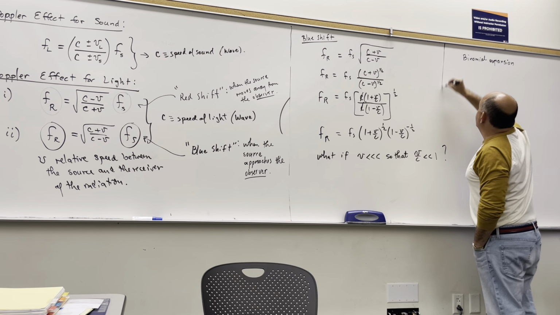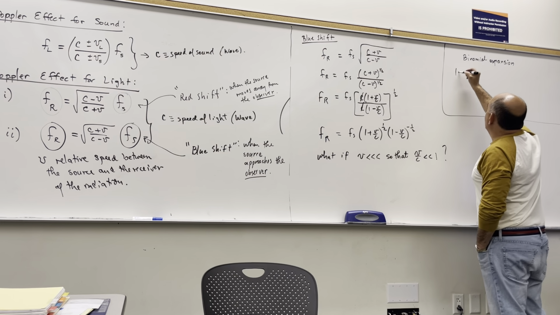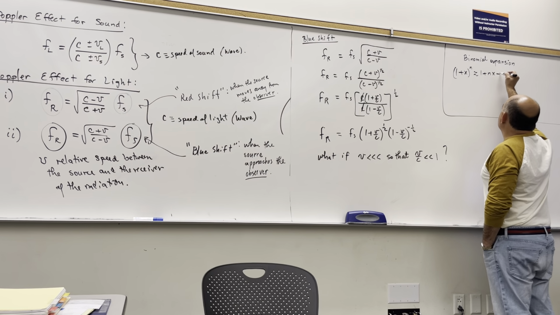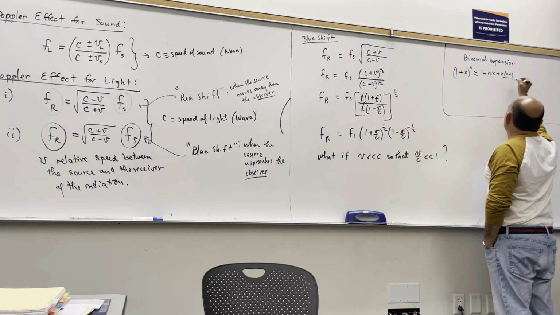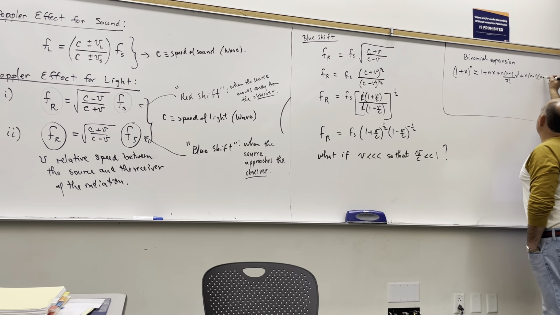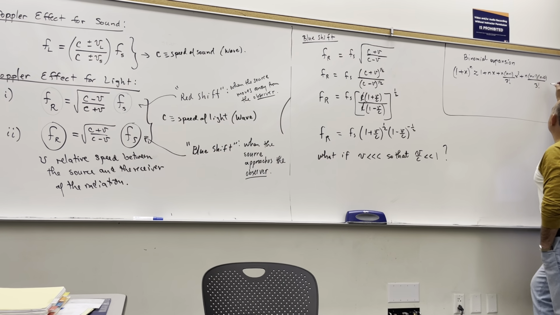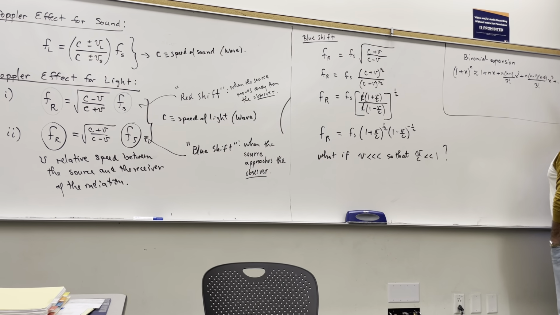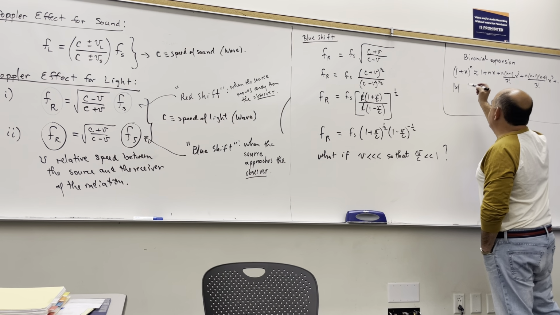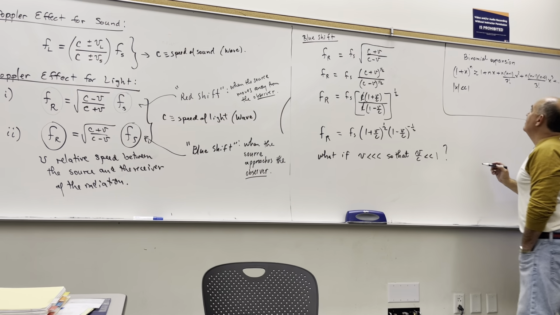So we have from math what? 1 plus x to the nth power. It's 1 plus nx plus n times n minus 1 over 2 factorial x squared plus n times n minus 1 times n minus 2. I'm telling you, this thing shows up so many times. And this is true for x being positive or negative, right? But being much less than 1.